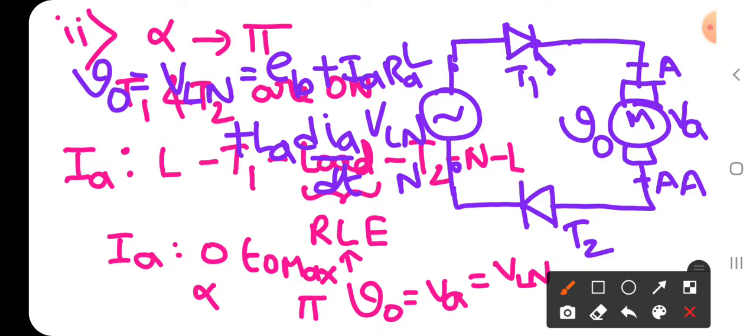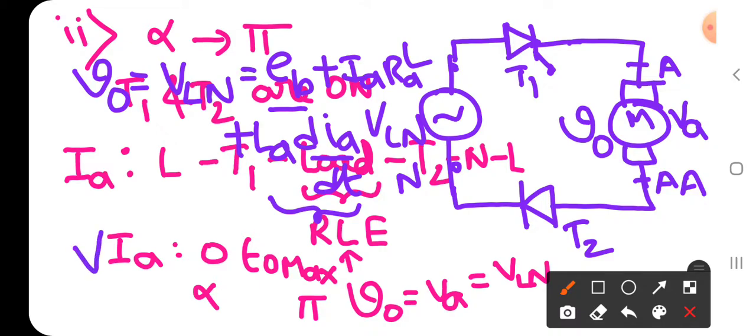Here EB is the back EMF of the motor, IA RA is the armature resistive drop, and LA dIA by dt is the voltage across the armature inductance. But at steady state, the voltage across the armature inductance is 0, which means it acts as a short circuit.